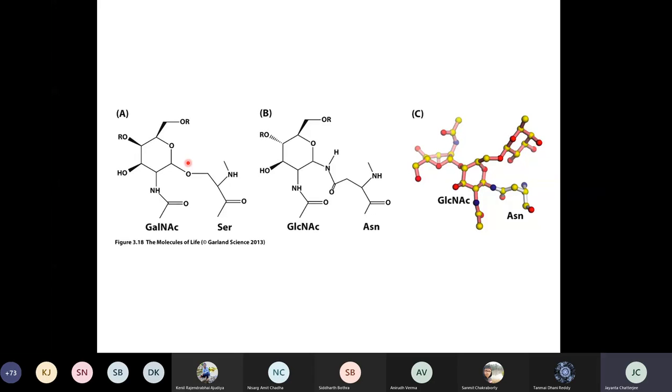In serine you have an aliphatic OH, and the way the reaction proceeds is this lone pair of electrons undergoes a nucleophilic addition onto an electrophilic center.